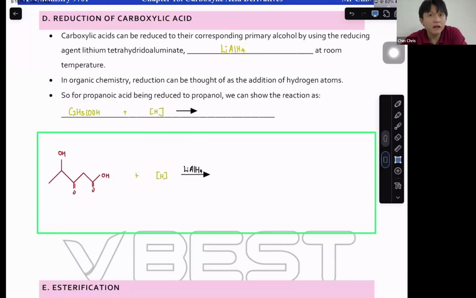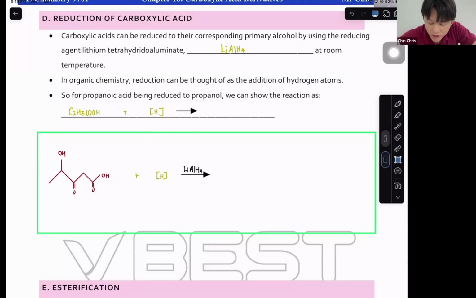Yes, it will form alcohol, correct. The top part is going to turn into C2H5CH2OH, right?